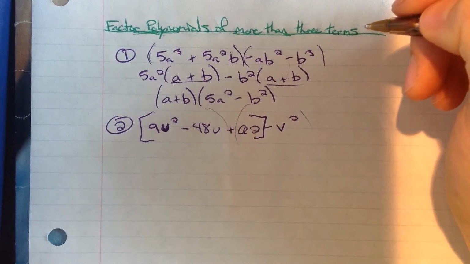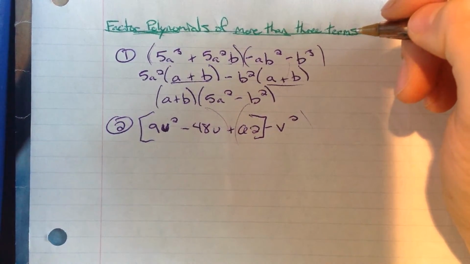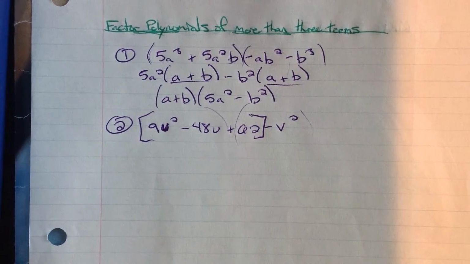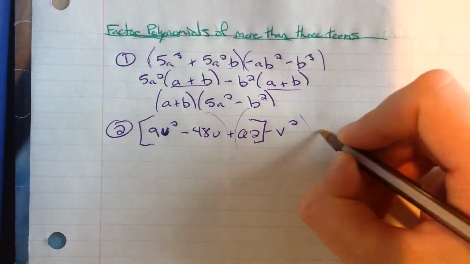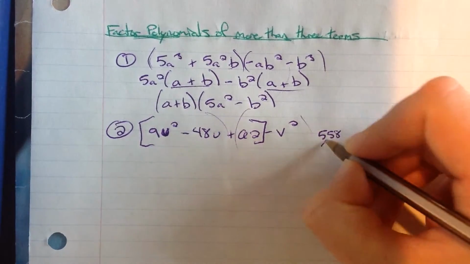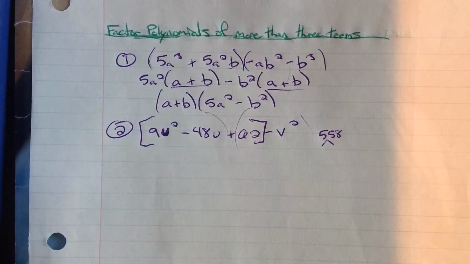First, do they share anything in common that we can pull out front? No, but 9 times 62 gives us 558. Factors of 558 that add to equal 48.